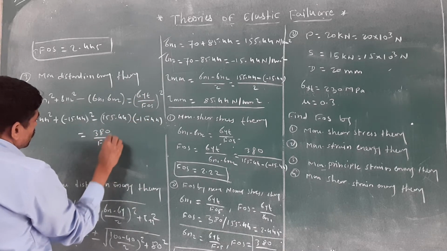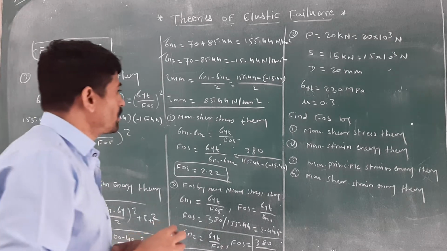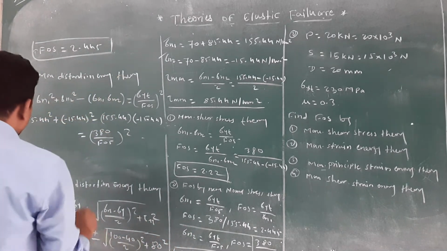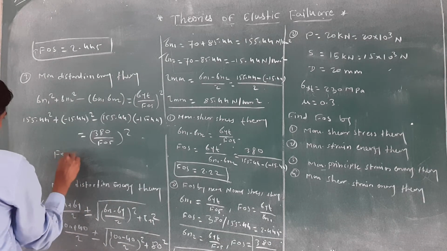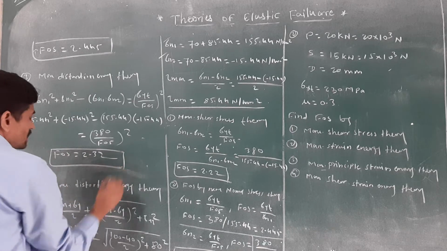We want to calculate this value. If you solve this equation, you will get the factor of safety equal to 2.32. Okay, this is your third answer.